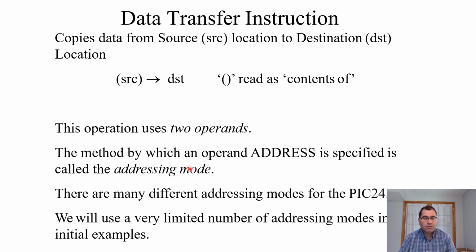The method by which an operand address is specified is called addressing modes, and we have various addressing modes in PIC24. We will talk about some of them now, and some of them later.